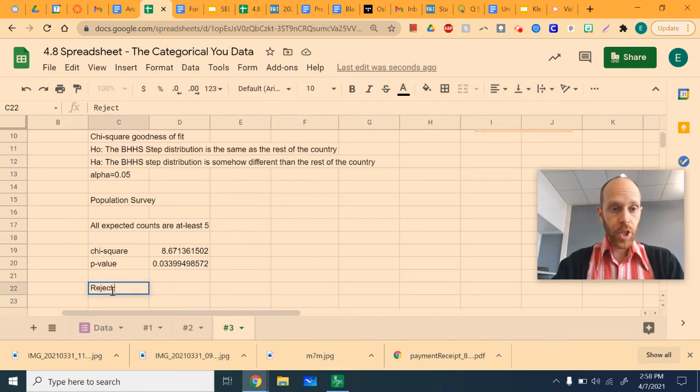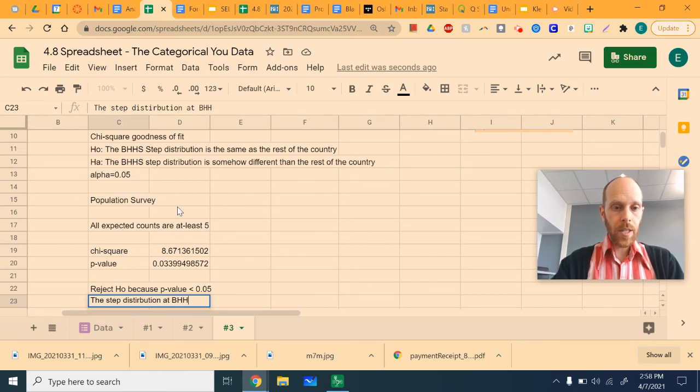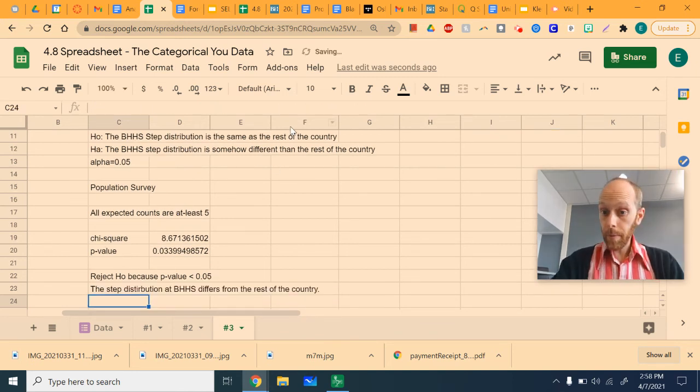Conclusion, we're going to reject the null hypothesis because the p-value is smaller than 0.05. What kind of conclusion can we make? We can say the step distribution at BHHS differs from the rest of the country. Anytime you do this, I want you to go a step further and explain how it differs.